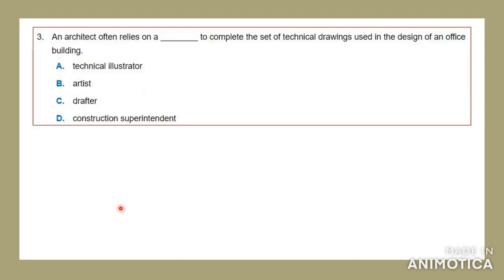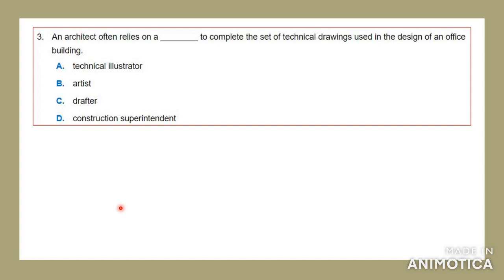All right, number 3 says, an architect relies on a dash to complete the set of technical drawings used in the design of an office building. It doesn't have to be only an office building, it can be any building.